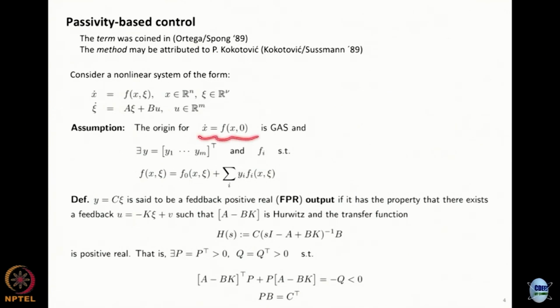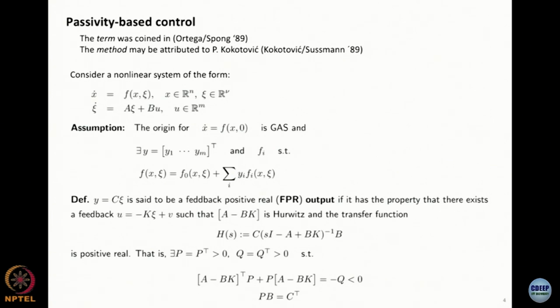So anyway, the nonlinearity has to be written in this form. So basically, from this nonlinearity, you want to extract one part that they call F0 plus the sum. So this is a bit particular, of a bunch of nonlinearities that are multiplying certain outputs.